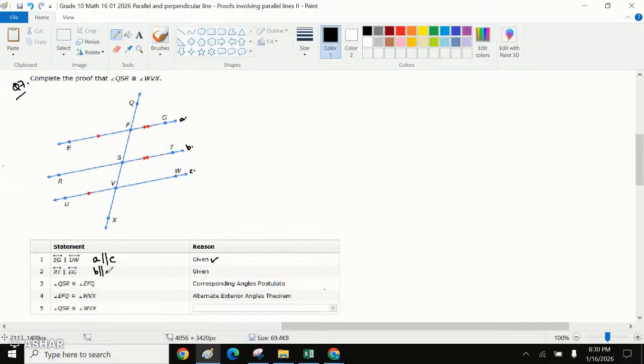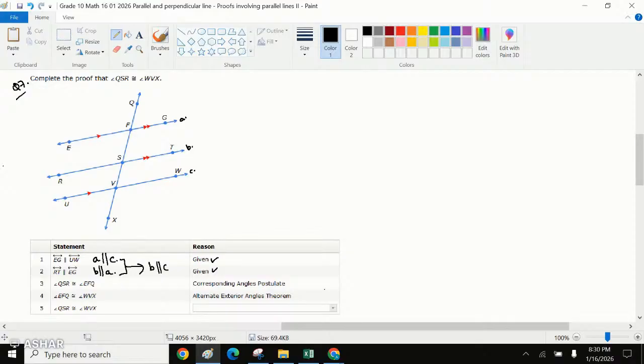EG is line A, right? If these two conditions are met, can we say that if A was parallel to C and B was parallel to A, then B is parallel to C also, right? Let's see whether they would ask us to find the reasoning or not.